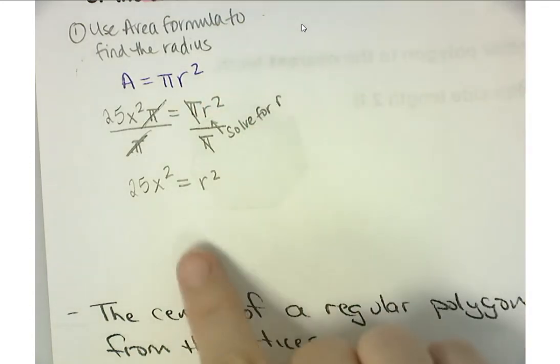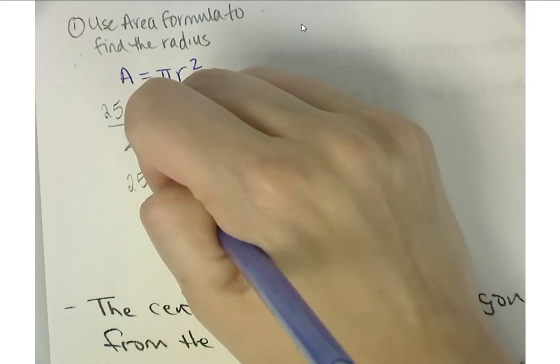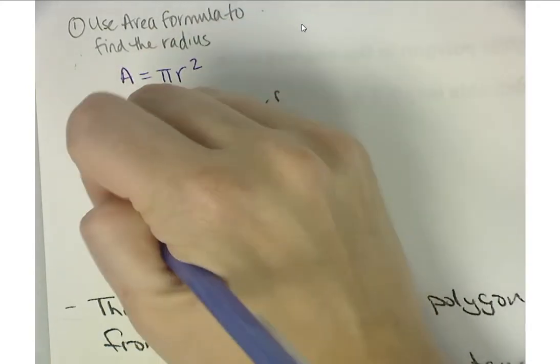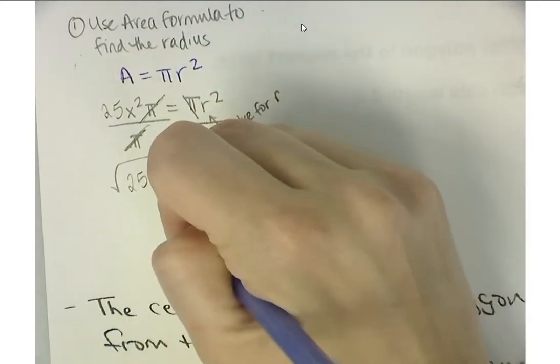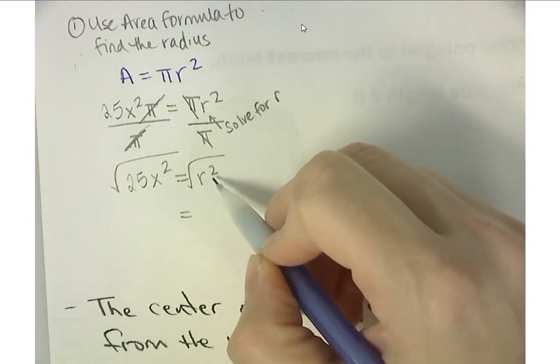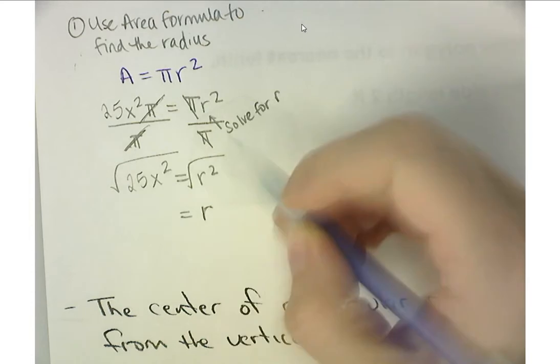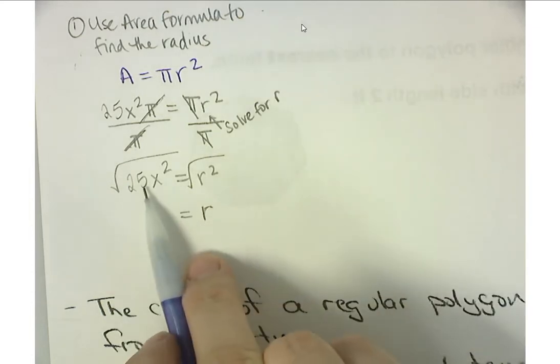Now remember, we're trying to solve for r. So if I have r squared, then Tina, what am I going to do to both sides? Yep, take the square root. When you take the square root of r squared, what do you get? R. And then Avery, do you think you could tell me what the square root of 25x squared is going to be?